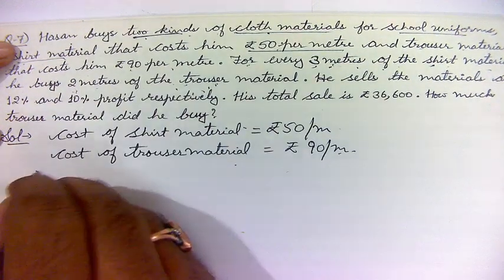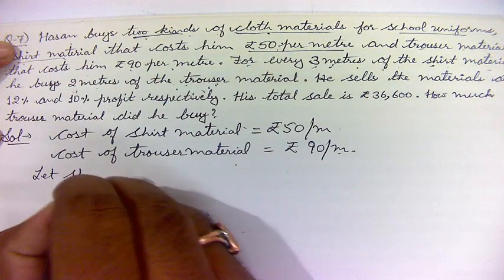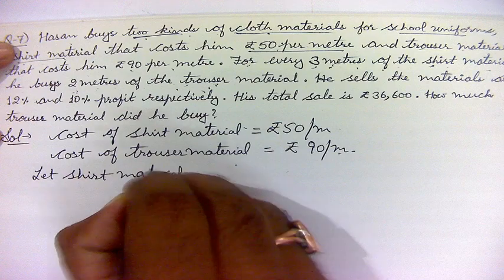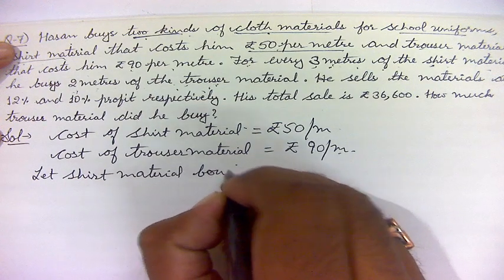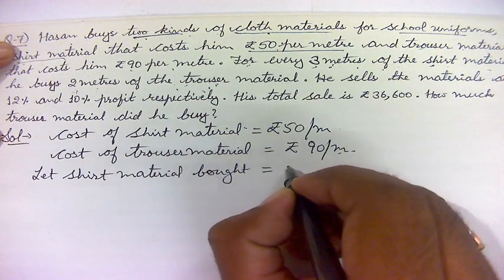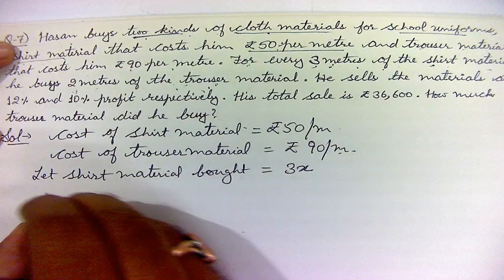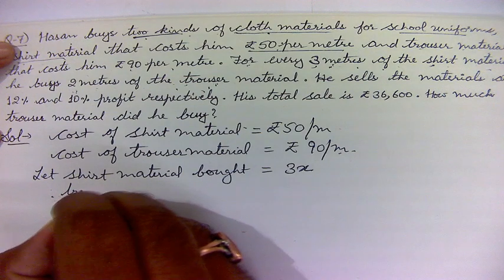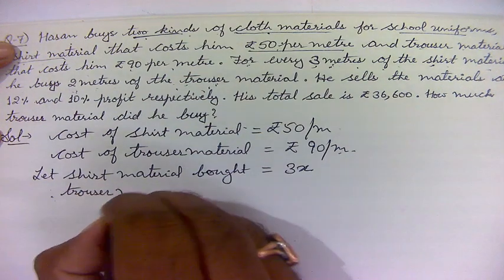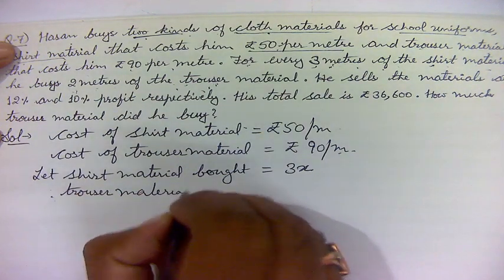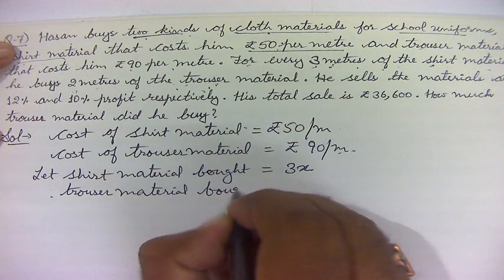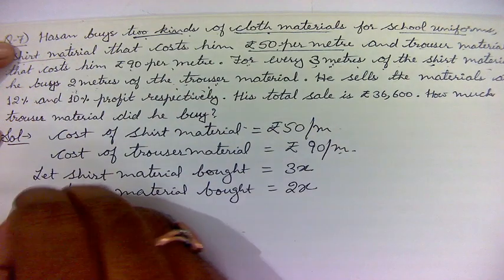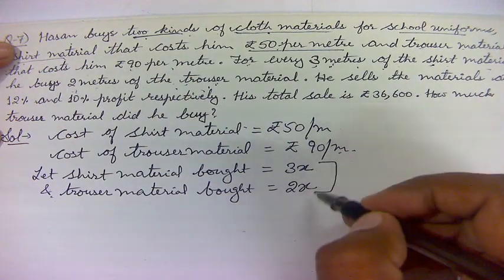Okay, so let the total shirt material bought be 3x, then the trouser material bought will be 2x, because we are given the ratio.